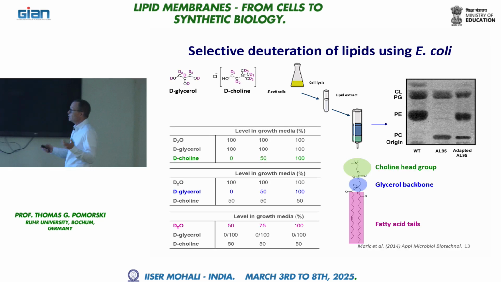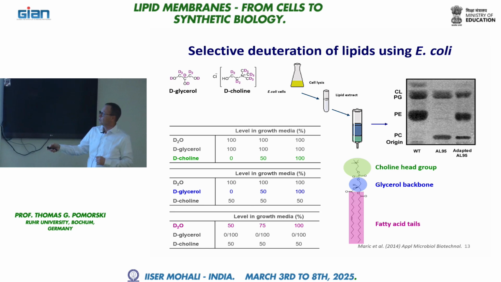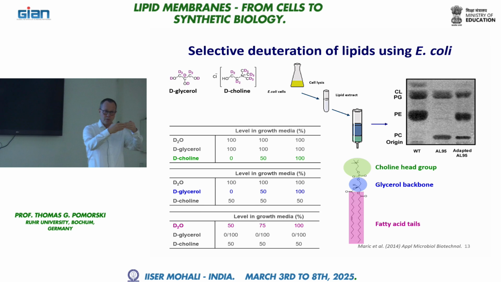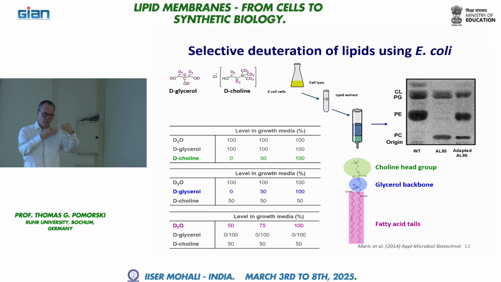Okay, then you can do the same with the lipids. You give them deuterated glycerol to eat, deuterated choline to eat. Glycerol, remember, was the backbone molecule for the glycerolipids. This was the alcohol where the fatty acid would be esterified, and the phosphate would be esterified.